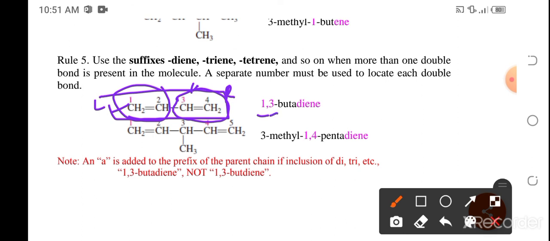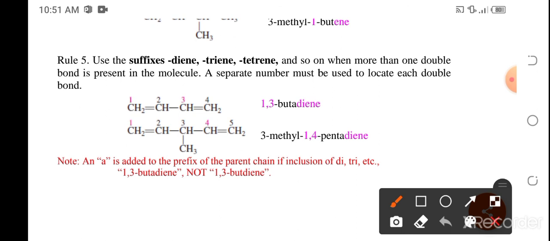We are retaining the a in the buta to make the name sound nicer. So that is 1,3-butadiene. I'll repeat, if there is a di in the name of the hydrocarbon, we are having two numbers to locate those two double bonds.